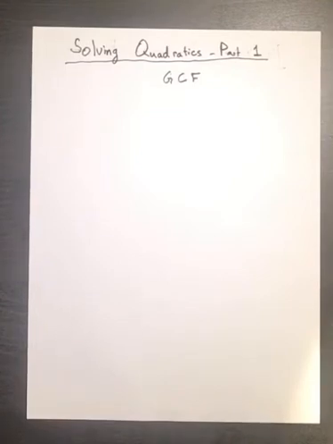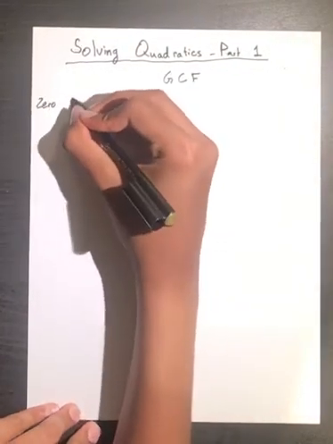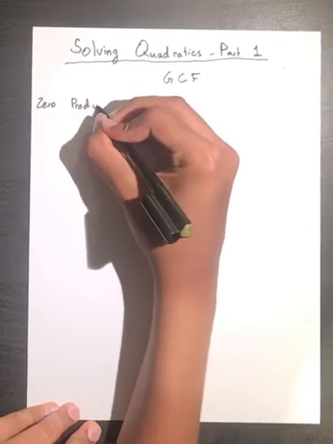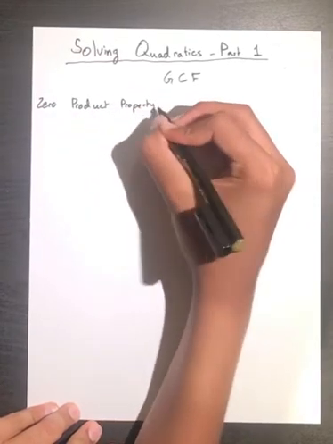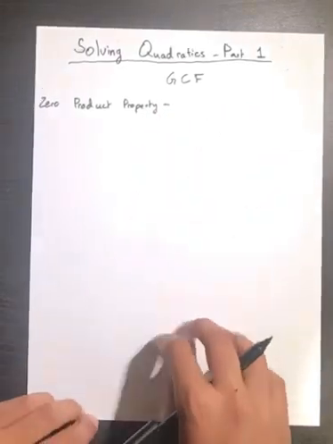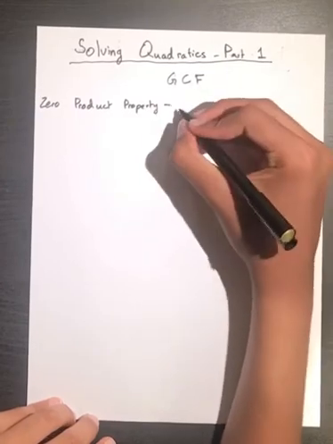So before we work with the GCF, we need to understand one key thing that most people know just automatically, but it's helpful just to know that this exists. It's the zero product property. It goes like this.